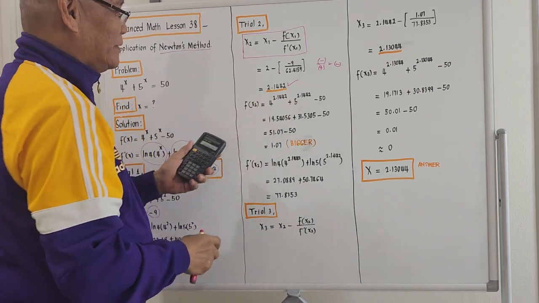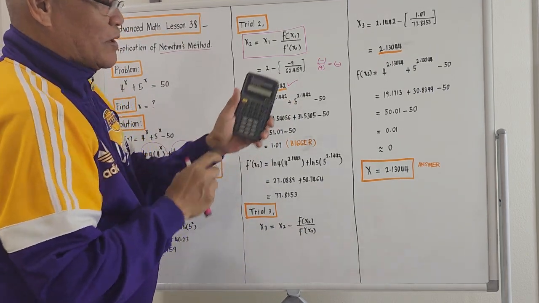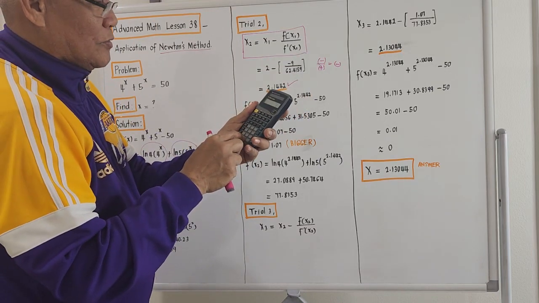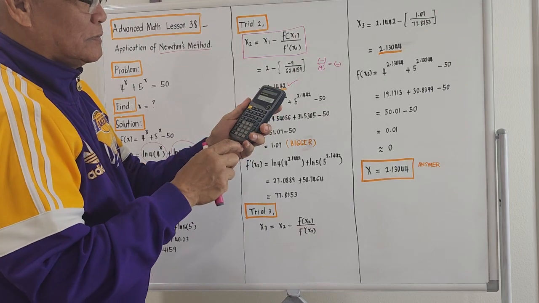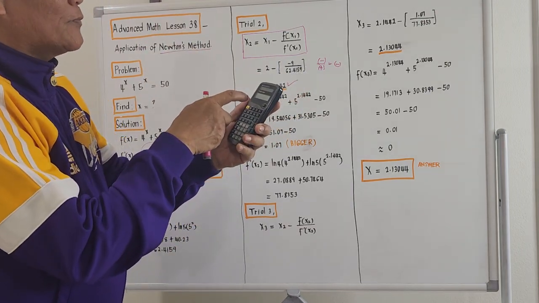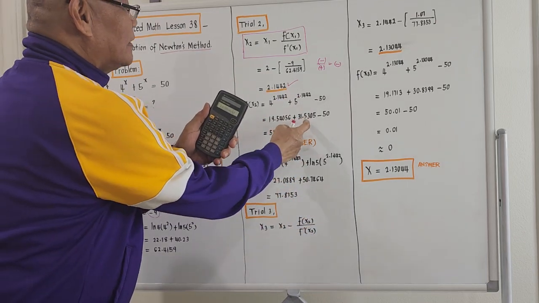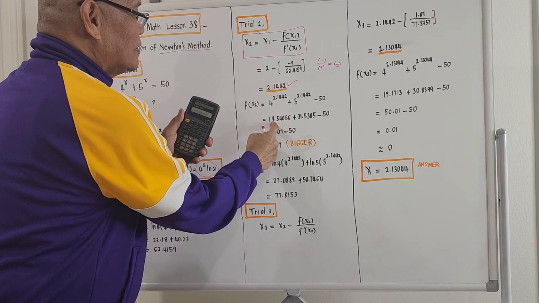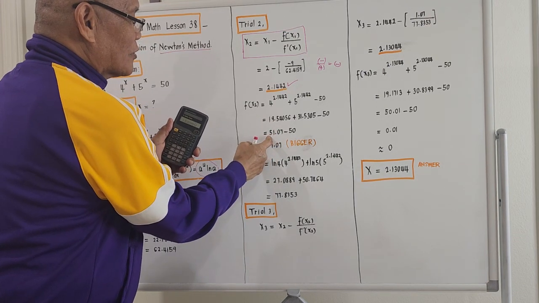For this one, you just display 5 y to the x raised to 2.1442, press equals. That is 31.5305. So you add this one with this, what comes out is 51.07.